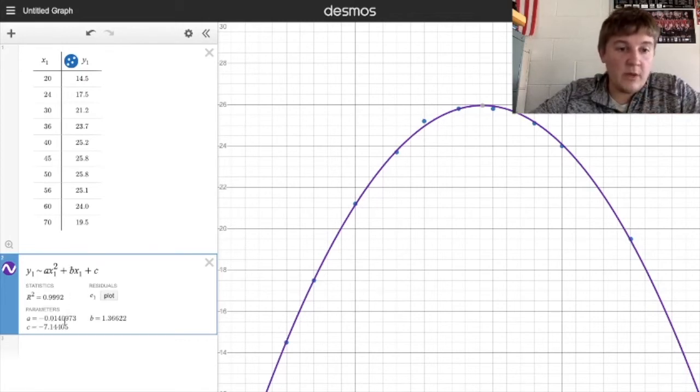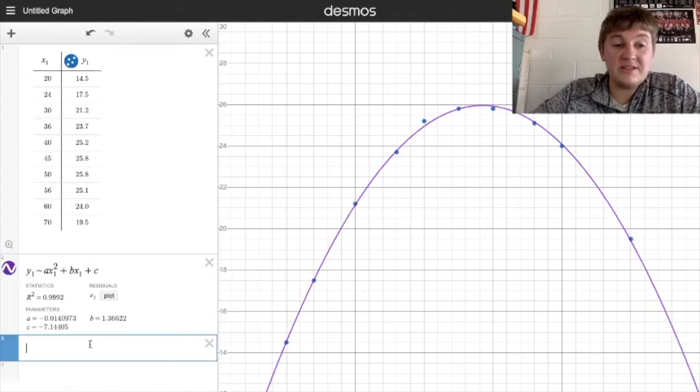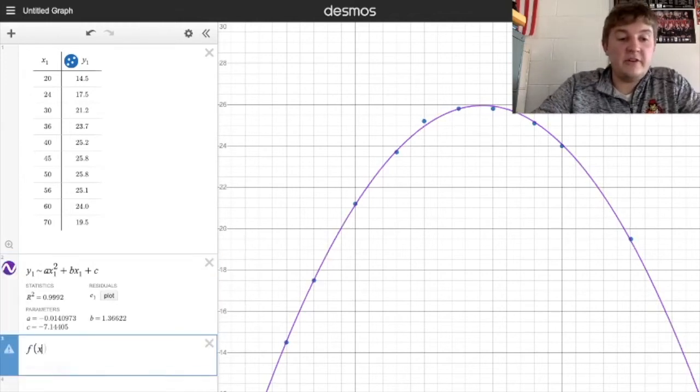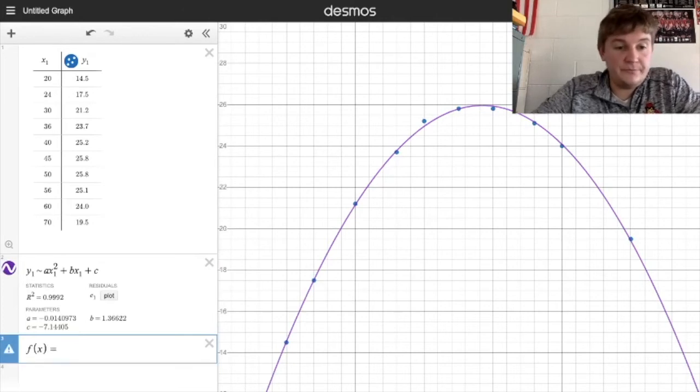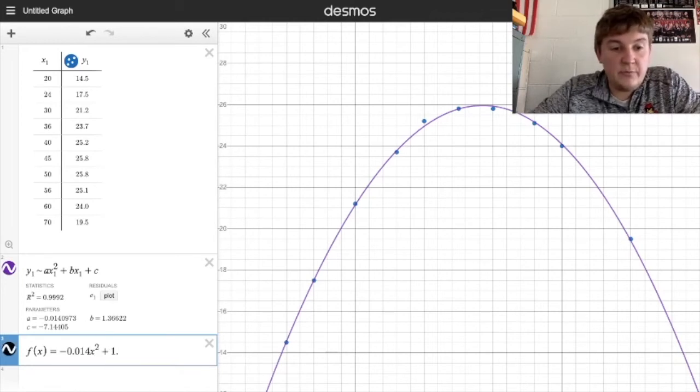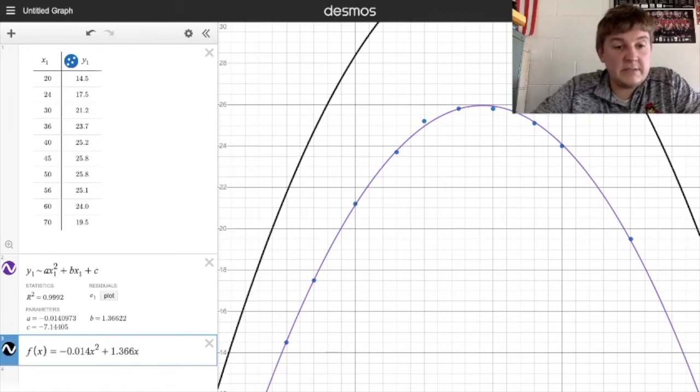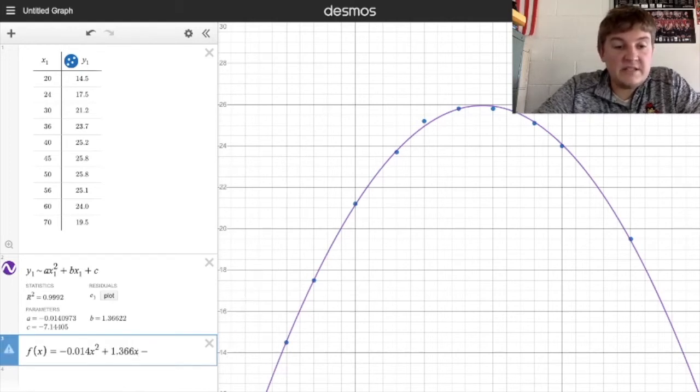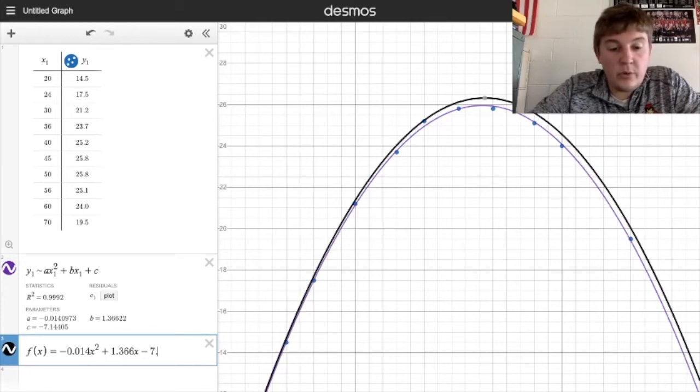As you can see, my parameters A, B, and C are not quite perfect. So what we want to do is round to the nearest thousandth, and we will call that good. So we're going to say my function f of x is equal to negative 0.014x squared plus 1.366x minus 7.144.